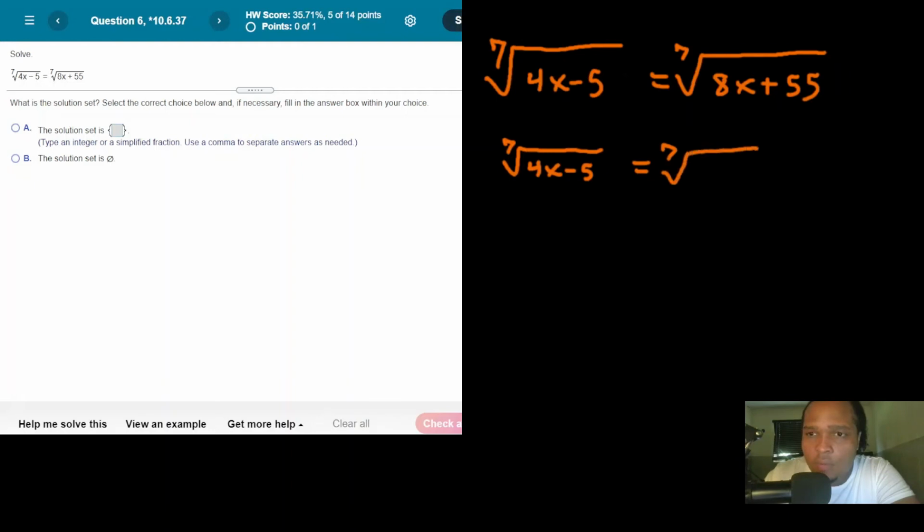Seventh root of 8x plus 55. Okay, so we're taking the 7th root of both sides, so we can raise both sides to the 7th power. And that's going to cancel a lot of things out. So, yep, that goes away. And we're only left with what's inside of the radical.